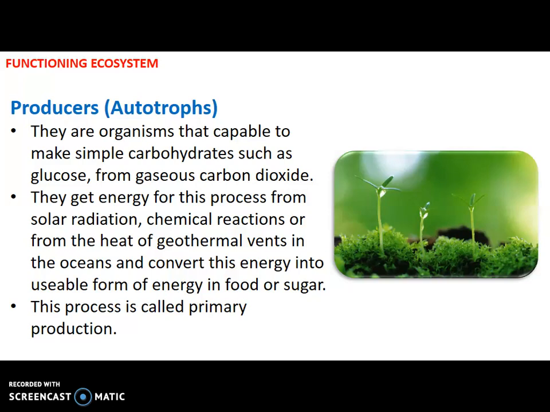They trap the solar radiation and it undergoes a chemical reaction in which they convert this energy from the sun into usable energy in the form of food or sugar. This process of conversion of solar energy into sugar is what we call autotrophy.